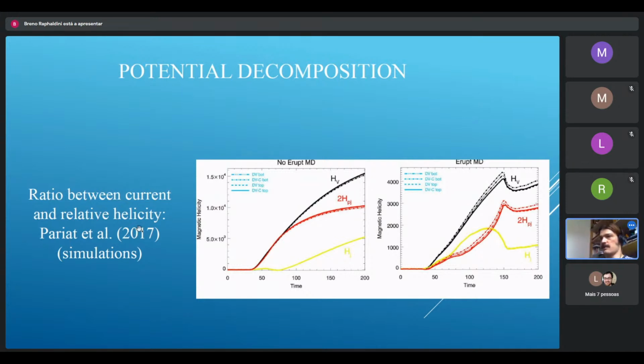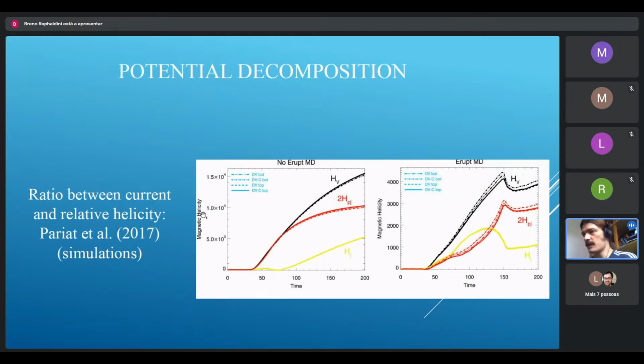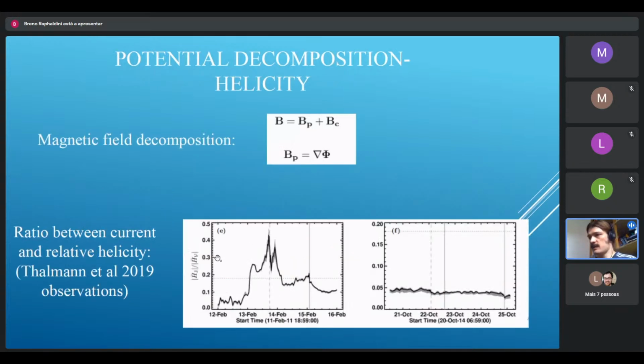This is from work by Pariat et al. in 2017, when they defined a ratio between the current carrying helicity and the total helicity, and they proposed that when this ratio goes above a certain threshold, there's a large likelihood of strong solar flares.